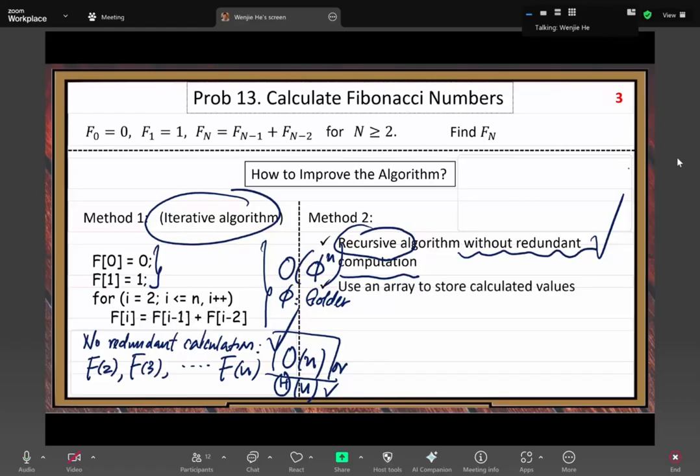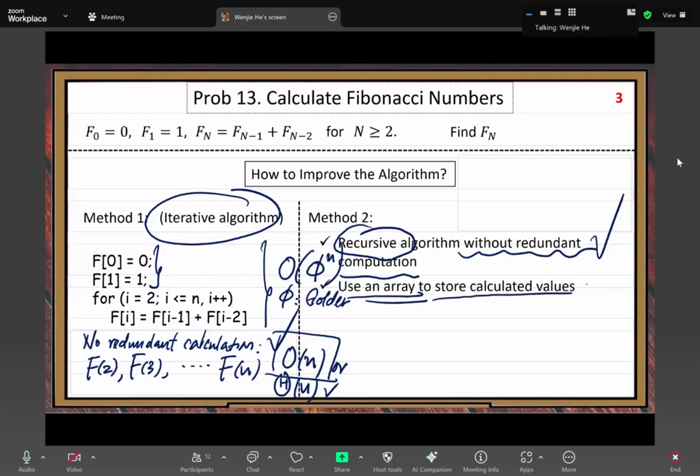All right. Use an array to store the calculated intermediate values. Because we need to store many intermediate values, right? So those values, we use one special array to store.